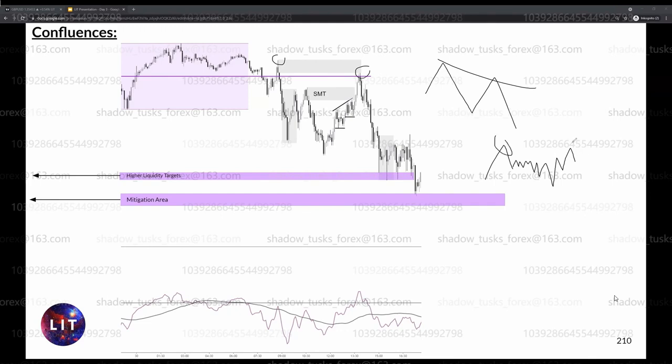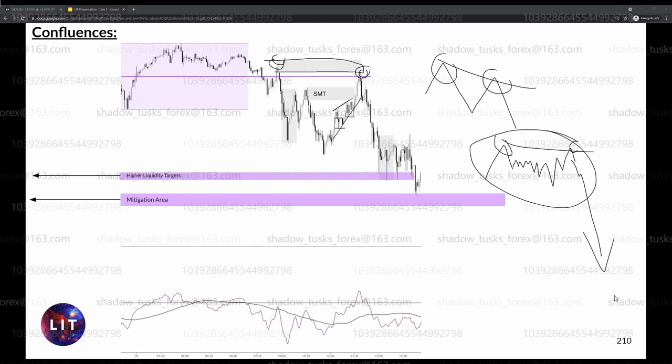So that's not nice. Okay. Because you're confusing yourself too much, right? So always take this point and not so many points in between. But yeah, if you see this one, it's technically fine, but again, it's not really that much of confluence. Again, the most confluence is the Asia midline in here, into the false channeling, smart money trap, into the mitigation, and then going lower to the liquidity.